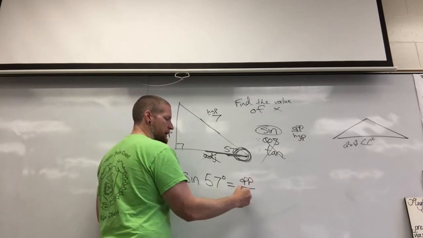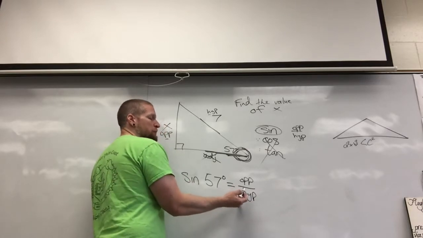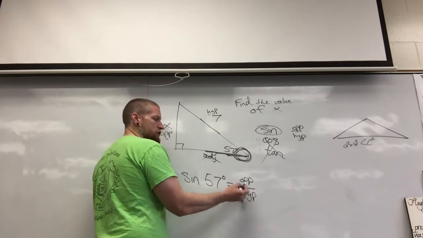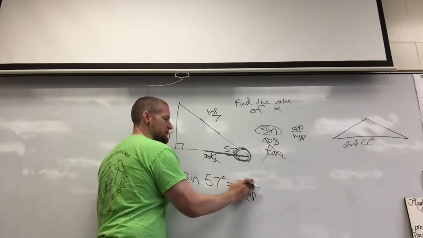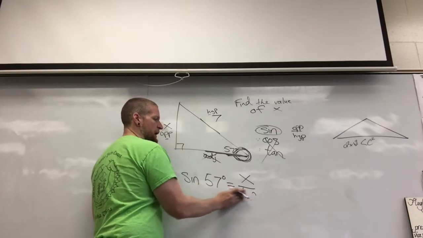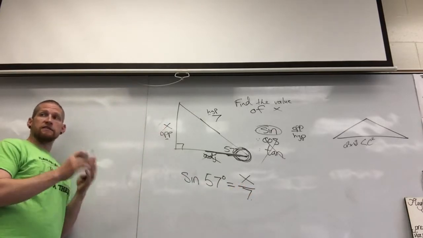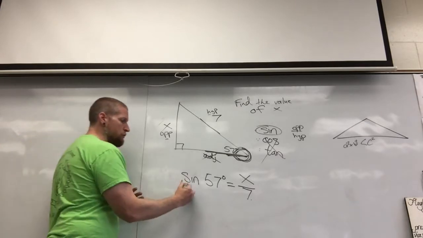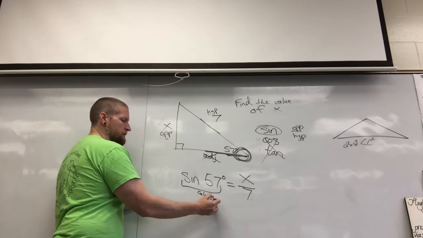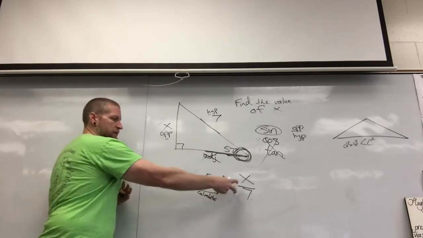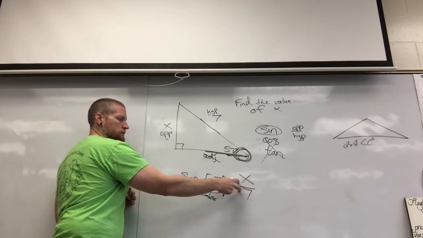Since sine was opposite over hypotenuse, and I need this to be a proportion, I want these to have numbers and variables in them. So the side I labeled as opposite is x, and the hypotenuse is 7. That's the setup. This value you get from your calculator or from that sheet. This is set up based on what you labeled on the triangle.